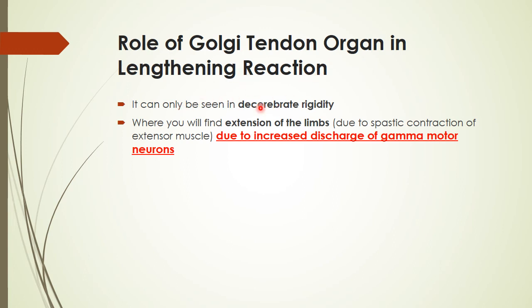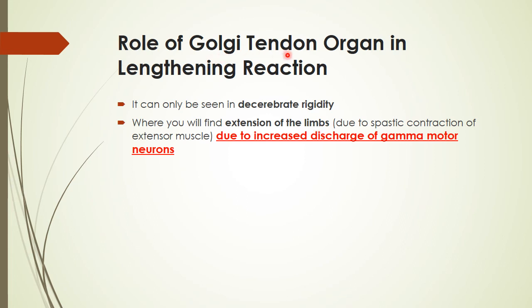This can be seen in decerebrate rigidity, when you cut the brain stem just above the vestibular nuclei. So there is no connection between the cortical area and the lower part of the brain stem, where you will find extension of the limbs.